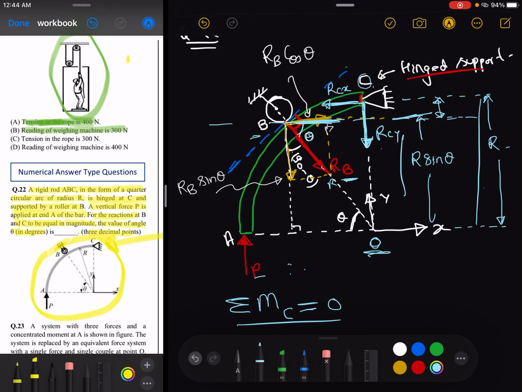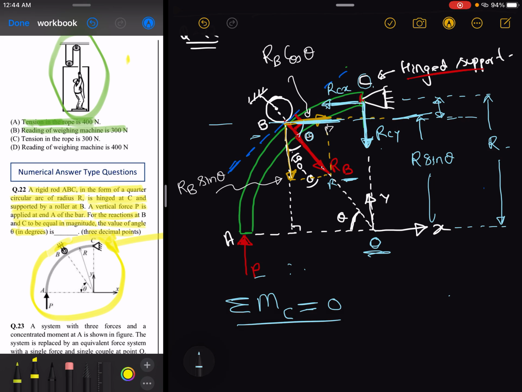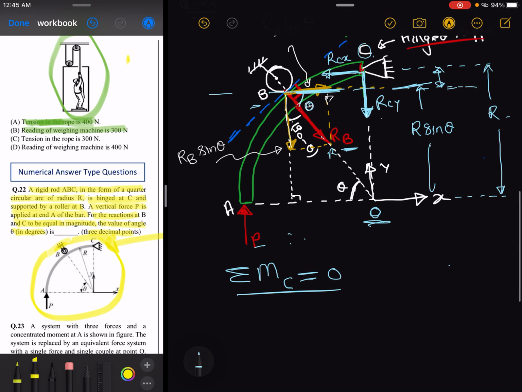So right, I am going to write RB cos theta into the distance that is nothing but R minus R sin theta.